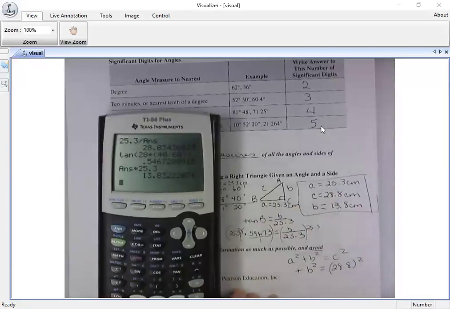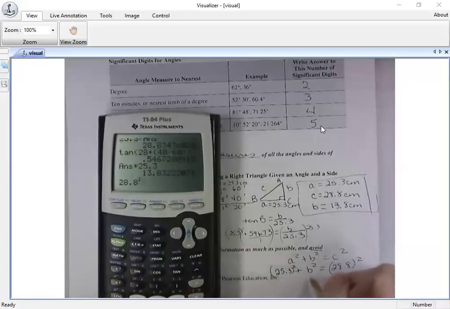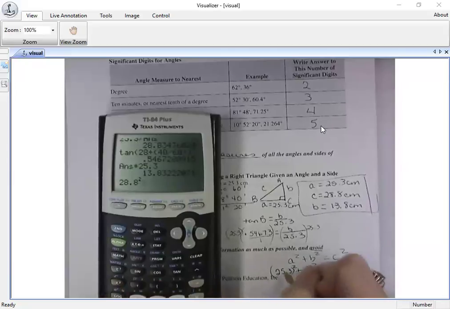And a was the 25.3, and that was being squared. Now, let's just see how accurate this would have been. If I were to take the 28.8 squared, because basically if I'm solving for b, it's going to be the 28.8 squared minus this 25.3 squared, right?